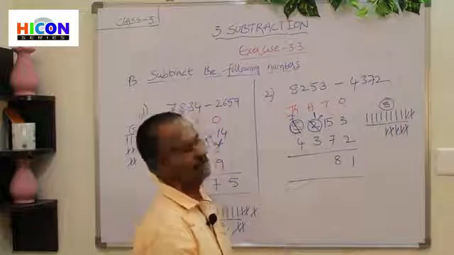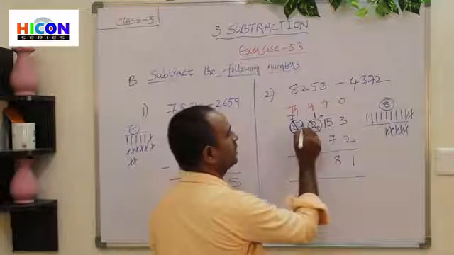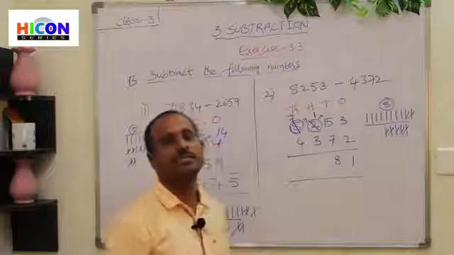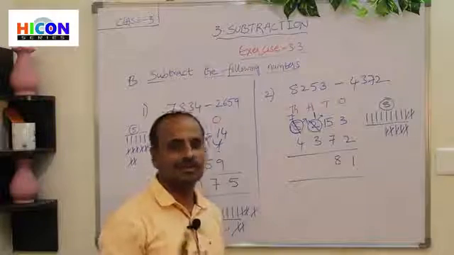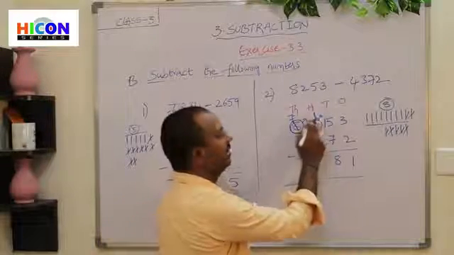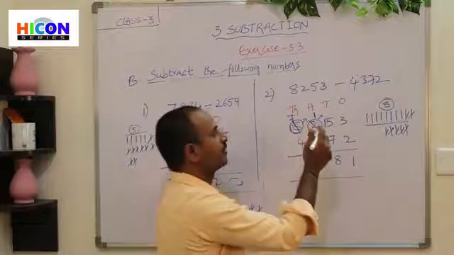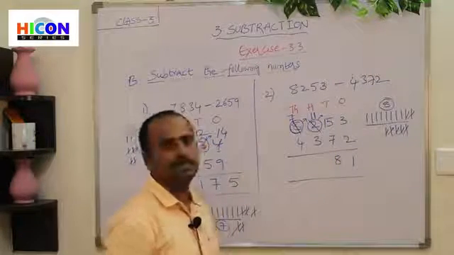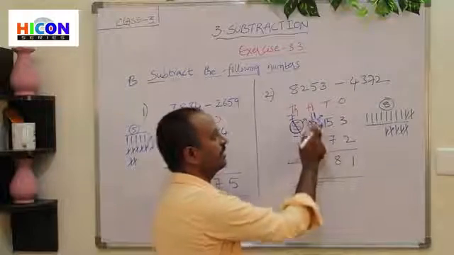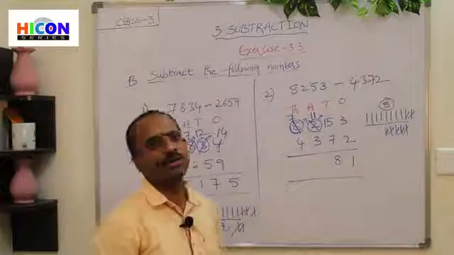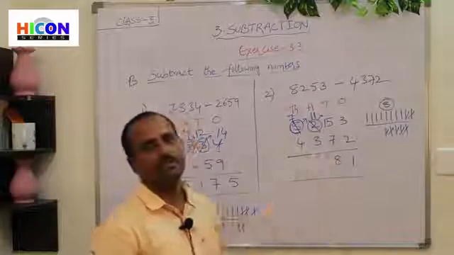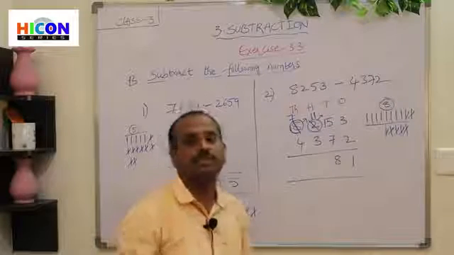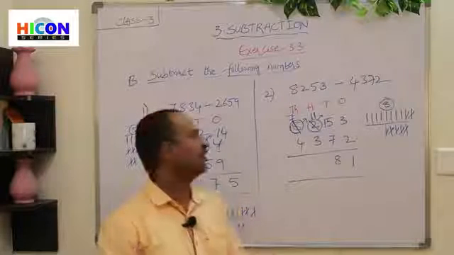So write simply 7. And carry 1000 to the hundreds place. If we carry 1000 to the hundreds place, it will become 10 hundreds. There is already 1 hundred, and if we carry 10 hundreds, total becomes 11 hundreds. Now the subtraction is possible because 11 is the greater number, 3 is the smaller number. We can subtract 3 from 11. Here the first number is 11. We cannot do the subtraction on our fingers because we have only 10 fingers.